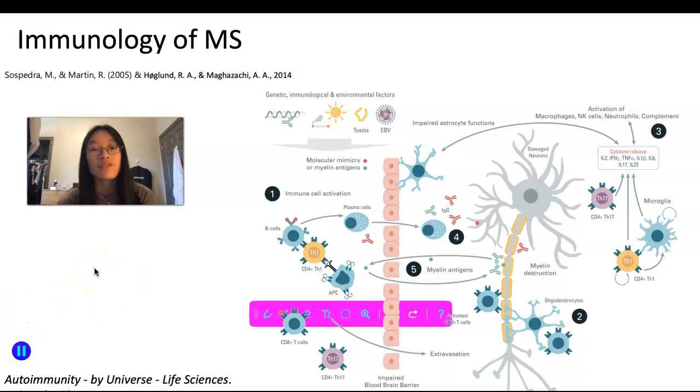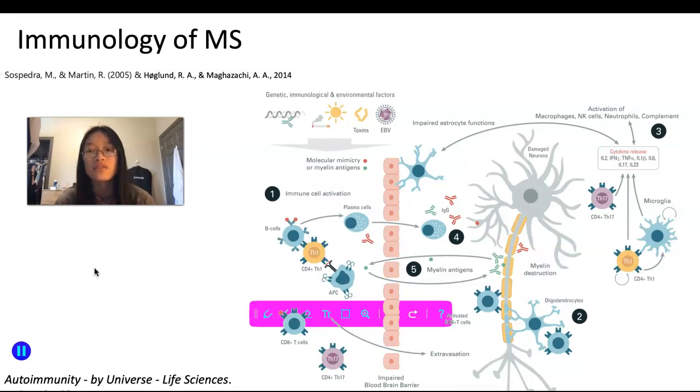So now in step 3, once the T cell becomes activated, it starts to kick off an innate immune response, which is very interesting. These myelin-specific T cells will start to release cytokines such as IL-1, IL-6, TNF-alpha, and IFN-gamma, and this causes the blood vessel to vasodilate to allow more cells to enter.